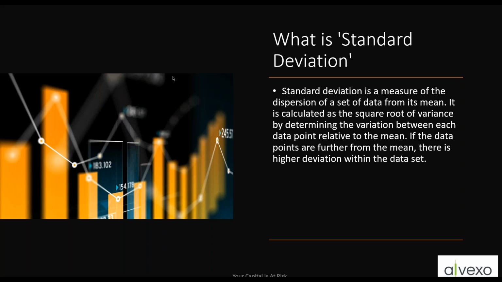What is it telling us? There is a big deviation from the data set. That's telling us that the price was all over the place in that period.